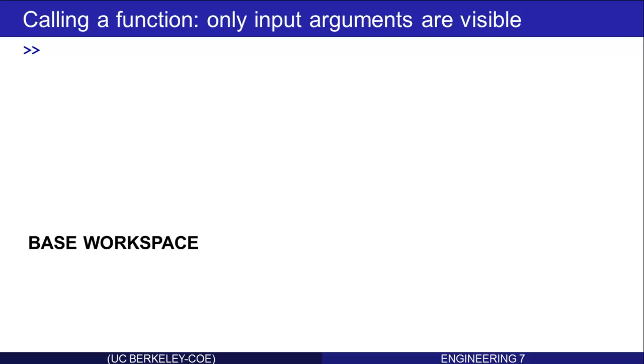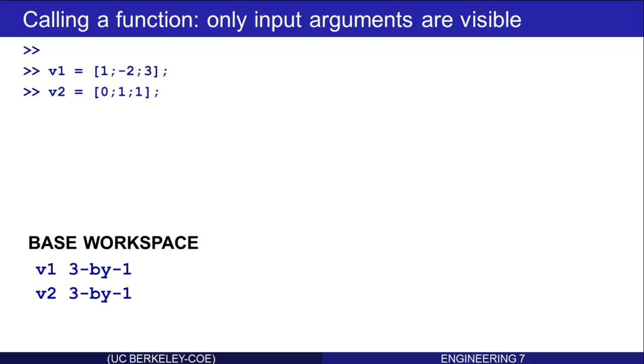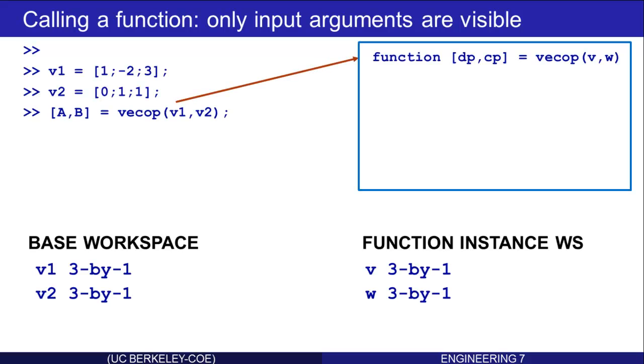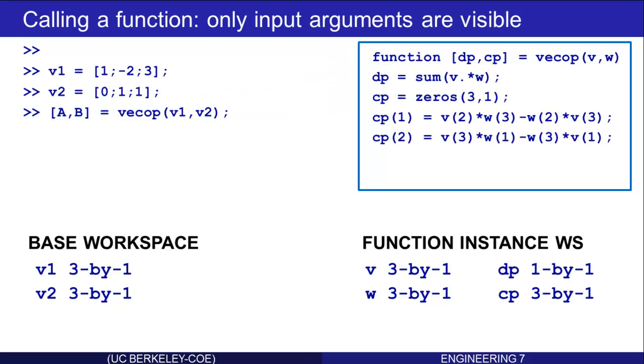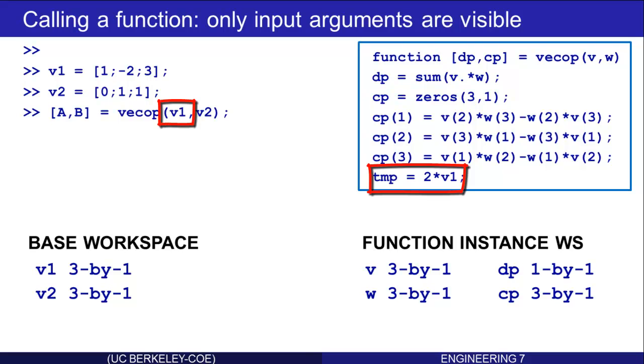Finally, let's look at one more example. The same familiar vectors and a call to vecop. Input arguments are passed by copy. The familiar dot product and cross product calculations occur. And then a piece of code which tries to access the input argument, but not the passed in value of the input argument, but the original copy back in the caller's workspace.